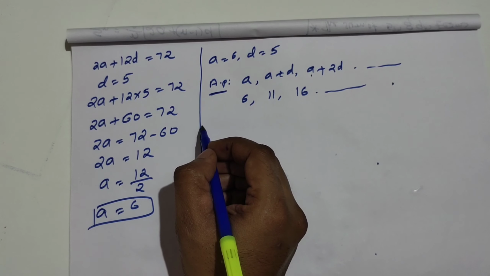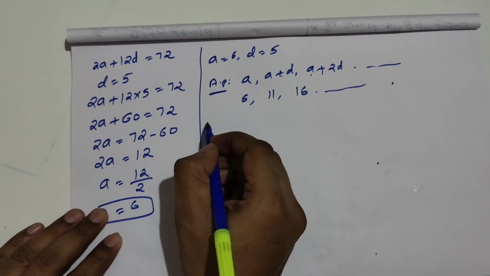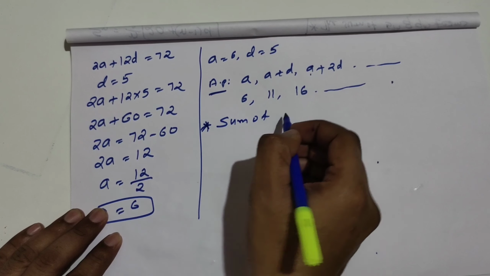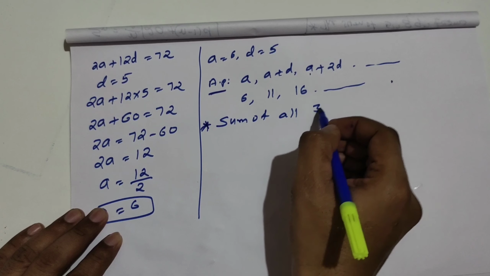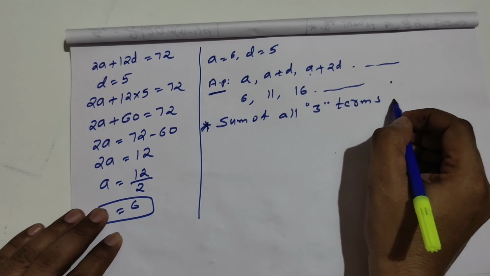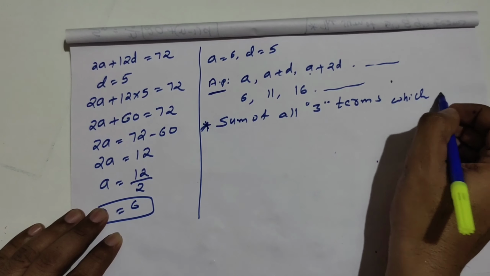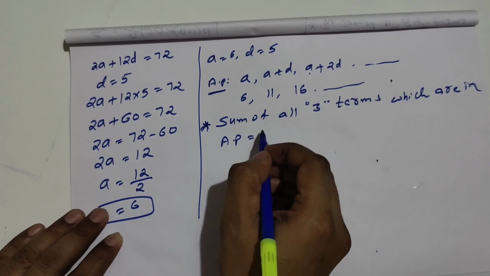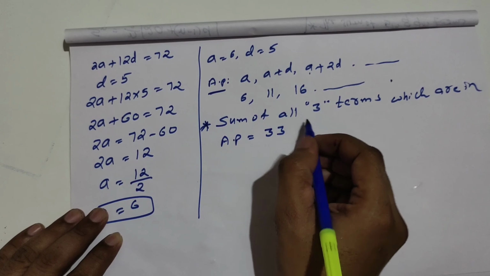The sum of all three terms which are in AP is 33.